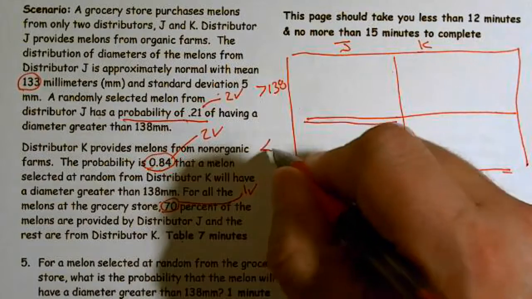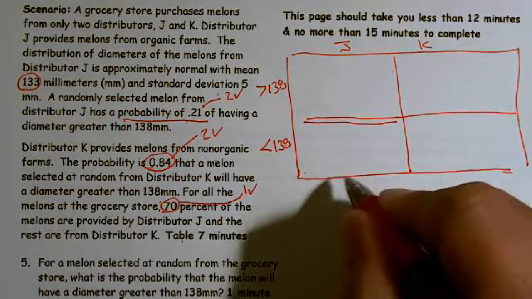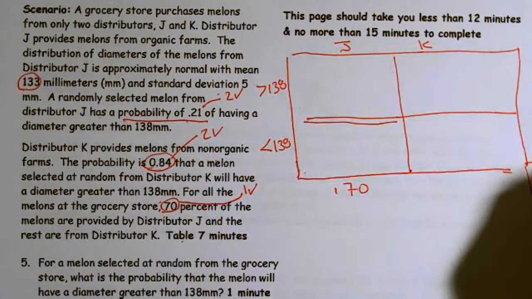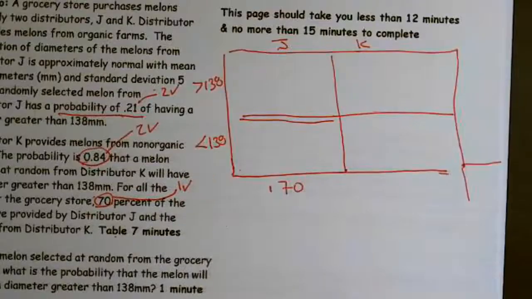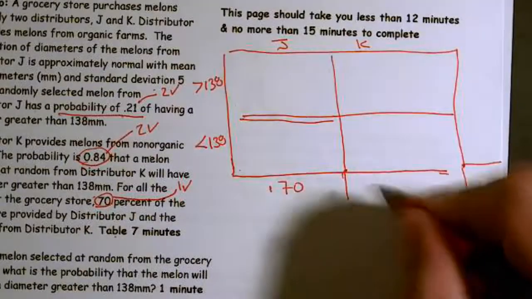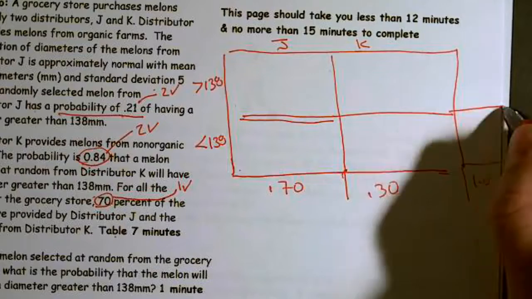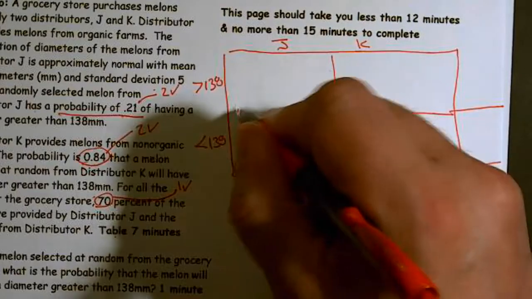Here I was going to use the symbol less than 138. And we know that if they came from distributor J, there's a 70% chance. And we also know that means distributor K is providing 30%. And this is 1 whole. And we need to write the 0.70 very small here.